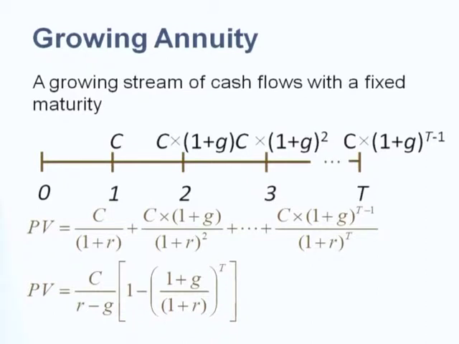You multiply 1 plus G by the same 1 plus G, so it will be to the power of 2. What about time T? You take C multiplied by 1 plus G to the power of T minus 1. For example, if T equals 40, T minus 1 will be 39.